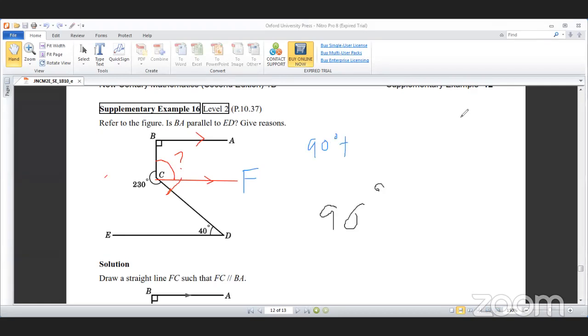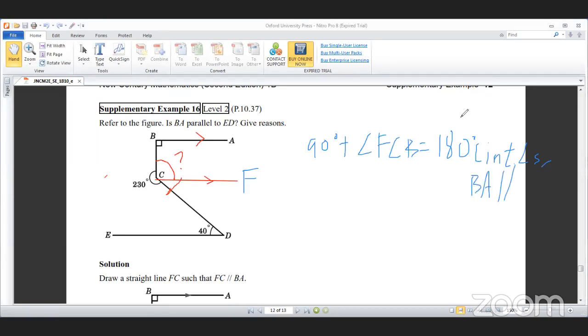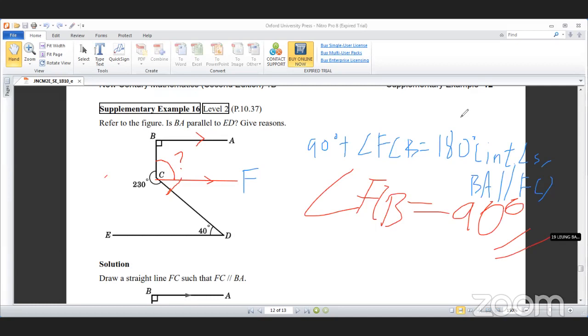You need to tell people why that one is 90 degrees, boys. Remember, we need to explain every step. We need to explain why we have 90 degrees: interior angles, AB. Therefore we need to find angle FCB first, and then you can continue.